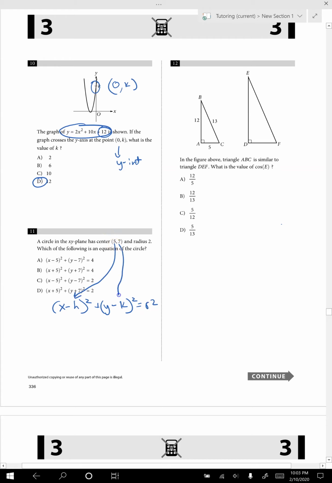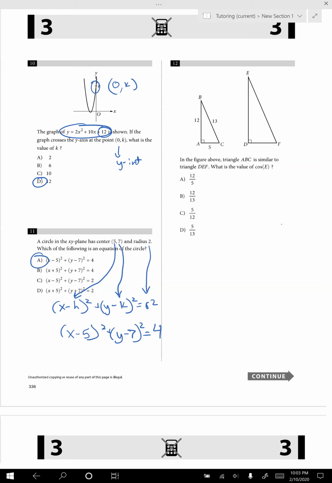This is the y-coordinate of the center, which goes in for k. And this is the radius, which goes in for r. So we have (x minus 5) squared plus (y minus 7) squared equals 2 squared, which is 4. And so now we're looking for which one matches that. And we have A.